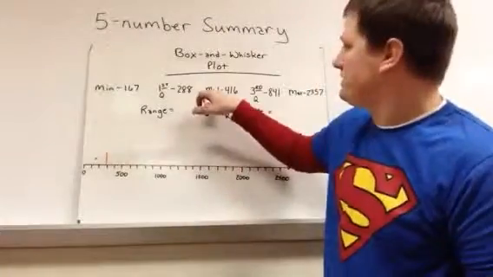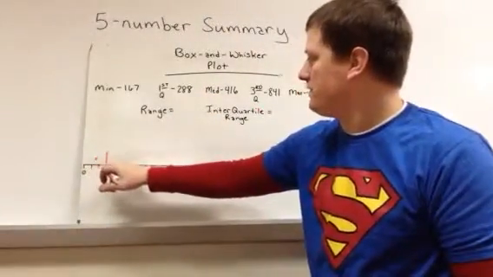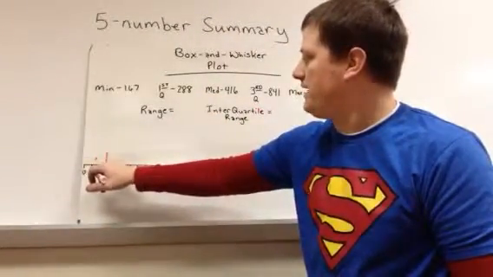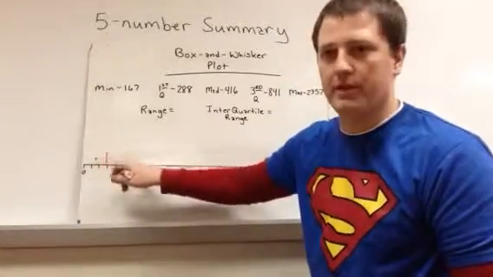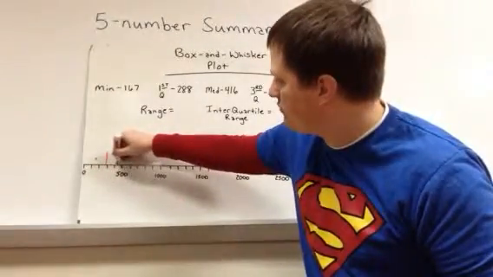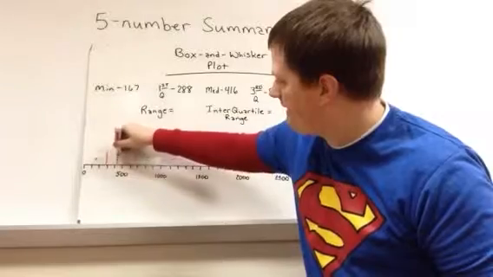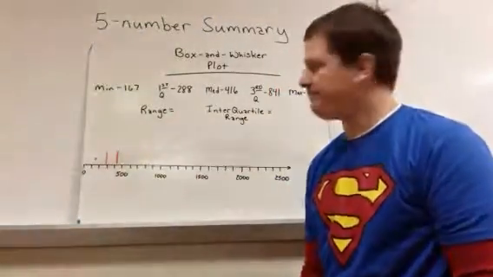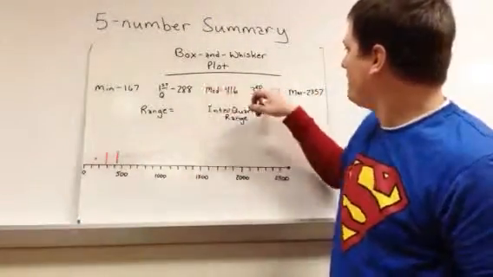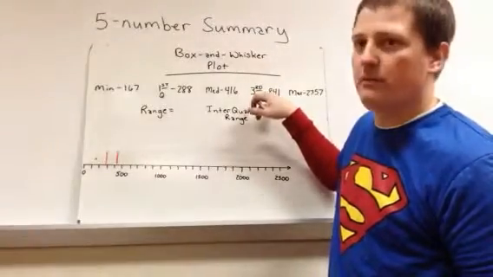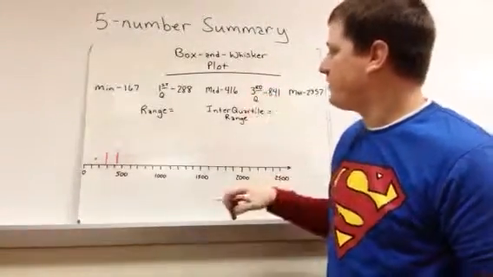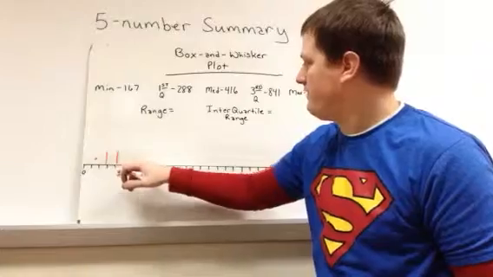Then we've got 416 as a median. Here's 4, here's 5. So our median is going to be closer to 4 than it is to 5. I'm also going to draw a vertical line about where 416 is. Then I've got to go all the way to 841 for my third quartile. So 5, 6, 7, 8.